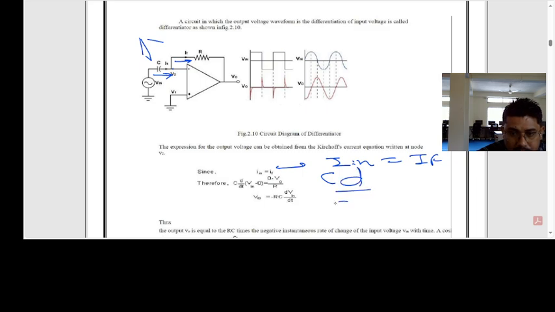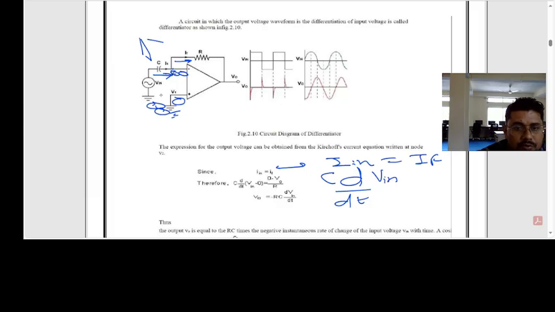The change in voltage: the initial voltage is V1, and the next voltage is 0, because this terminal is grounded. Using the virtual ground, 0 is also here.